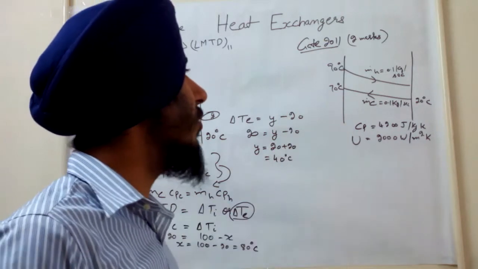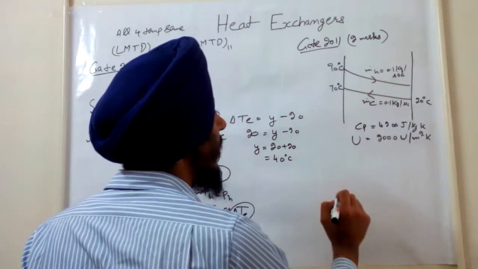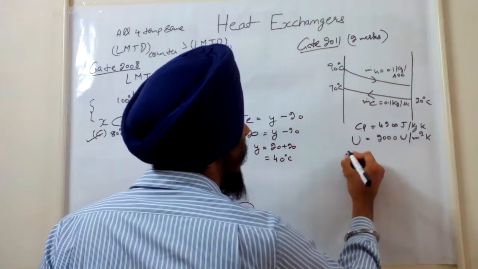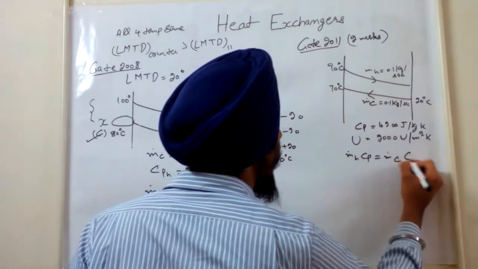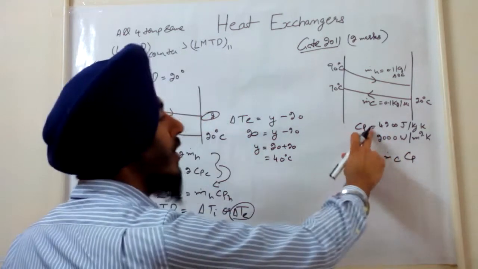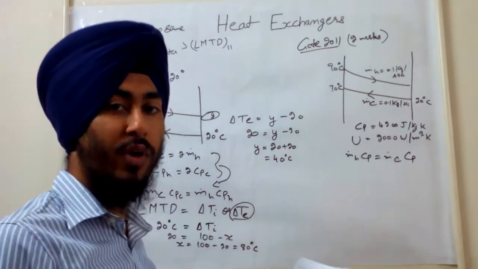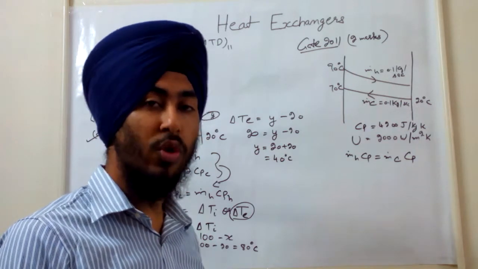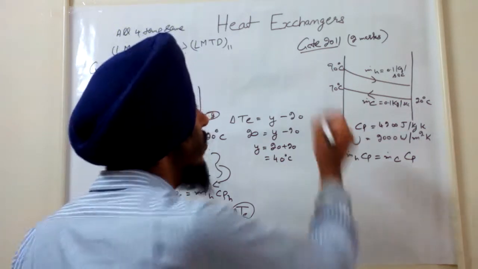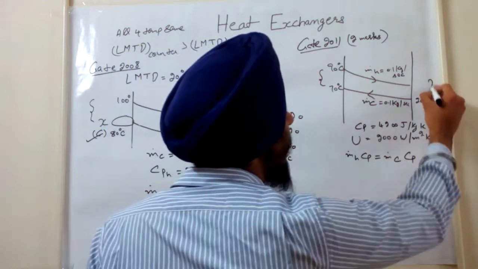Now let's see how to proceed. In this case, it is counterflow heat exchanger and m dot h Cp is also equal to m dot c Cp. Cp will be the same, m dot is same. So both the conditions are being satisfied. So we can see from case 2 that LMTD will come equal to the difference between these two.